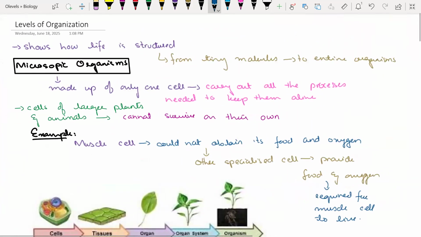Is there anything else that comes to your mind when we talk about this chapter, the levels of organization? Do you want to add something? Ma'am, what about the respiratory system? Yeah, that can also come under the category of organ systems.